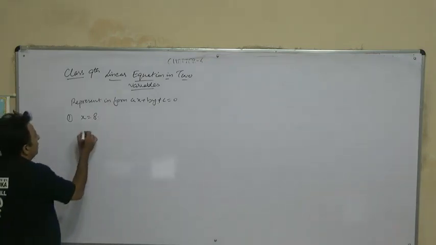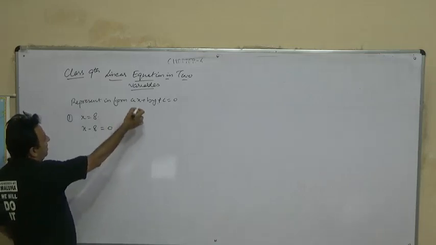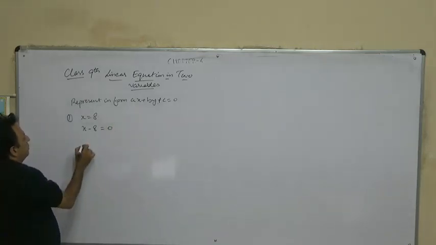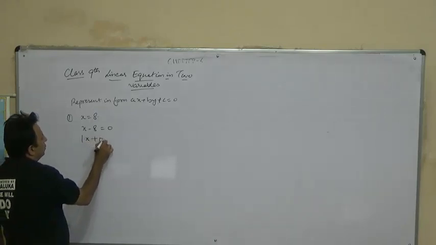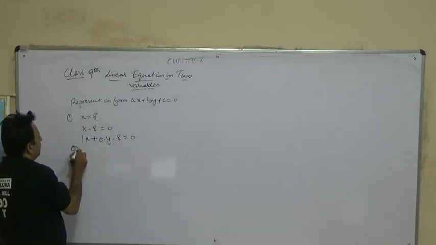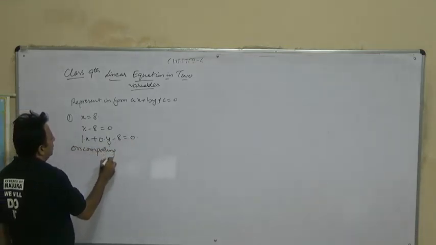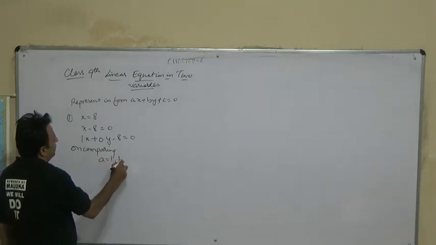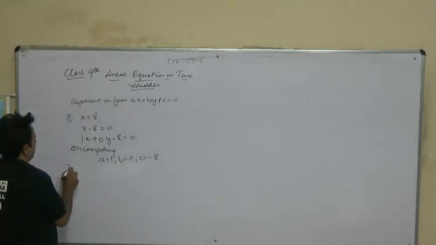So this will be x minus 8 is equal to 0, but to represent it in the given form, we will write 1 into x plus 0 into y minus 8 is equal to 0. So on comparing, what do we get? A is equal to 1, b is equal to 0, c is equal to minus 8.